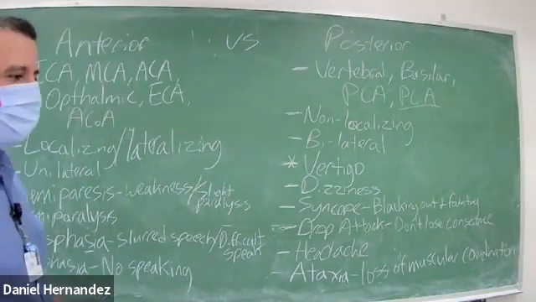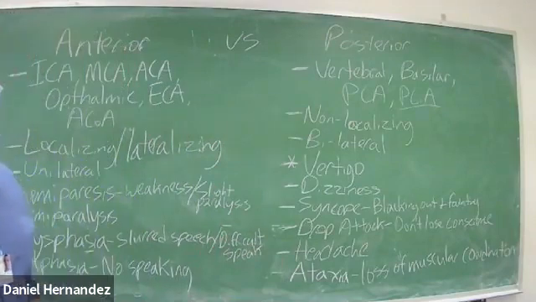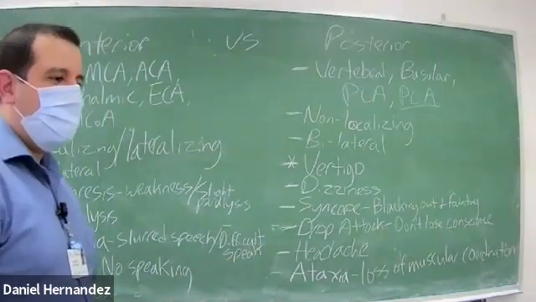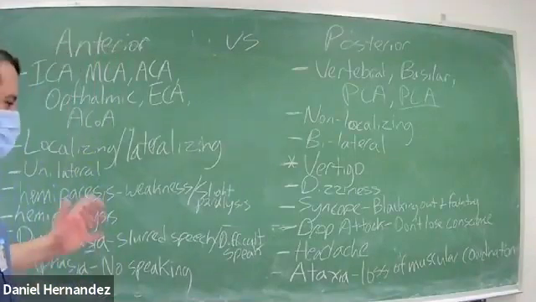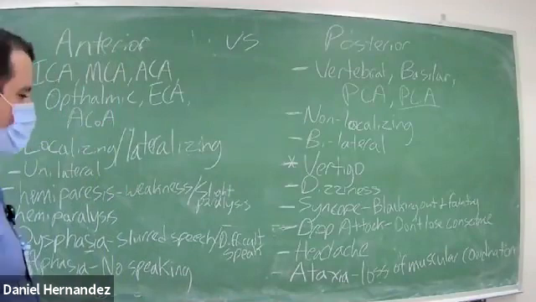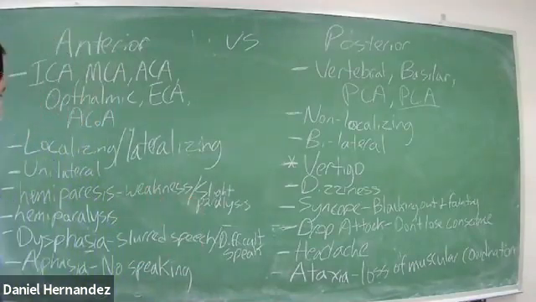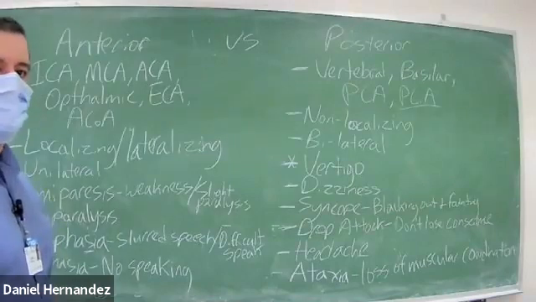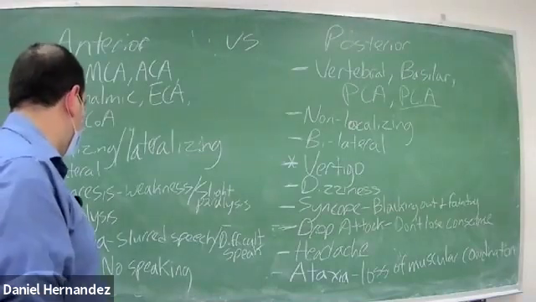If you're right-handed, the left side of your brain is going to control your speech. And if you're left-handed, the right side of your brain is going to control your speech. So we can determine the side of disease based on the patient's handedness.